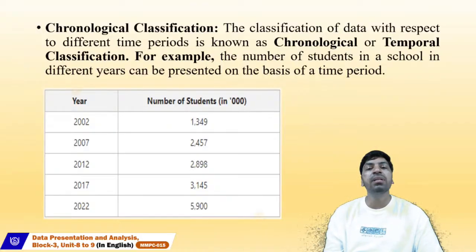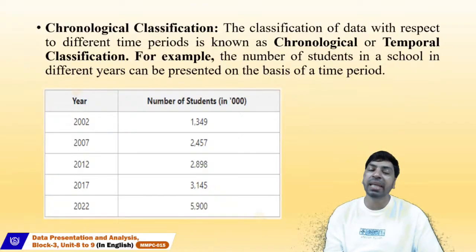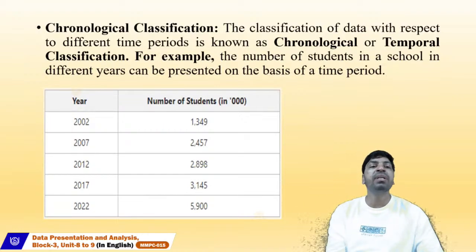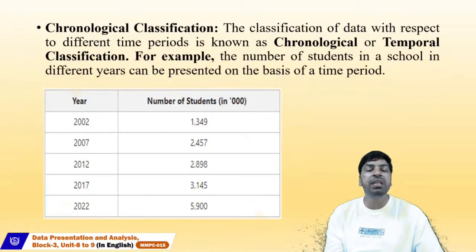The number of students in a school in different years has been presented in a tabular statement, based on the time period, the year. The years given are 2002, 2007, 2012, 2017, and 2022. The number of students has also been shown in numerical values, which has been consistently increasing in different years. And when this type of data has been classified based on different time periods, that becomes a chronological classification.